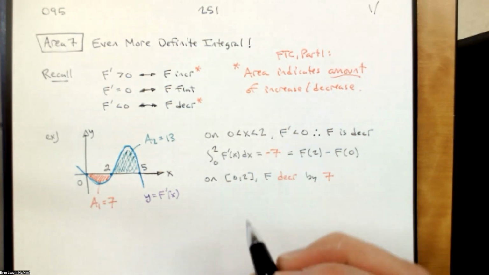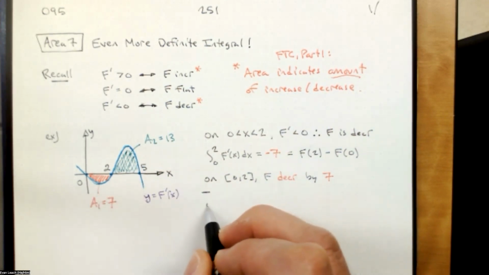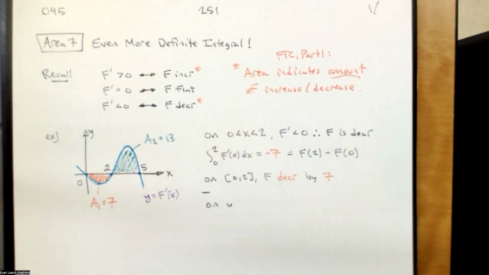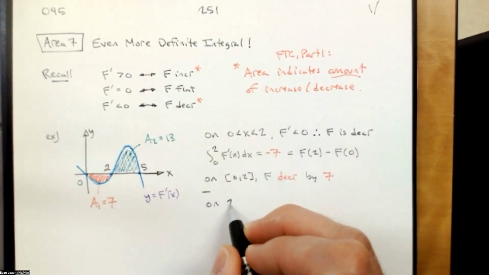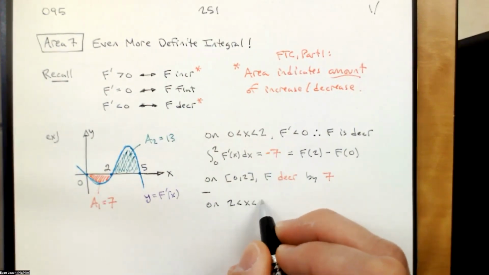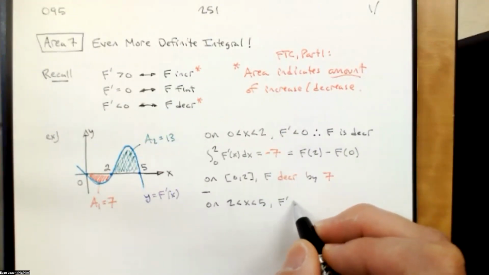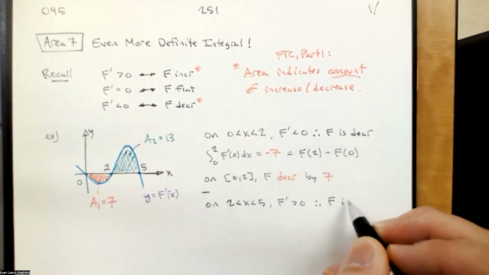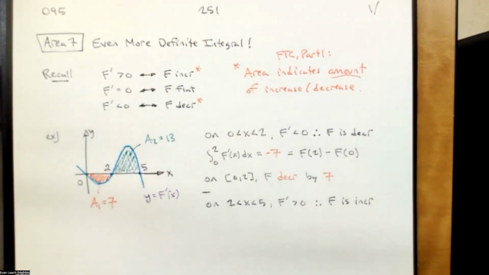We could do the same thing on the interval from 2 to 5. On the interval from 2 to 5, capital F prime is positive, therefore capital F is increasing. That we already knew. Now we have additional information.